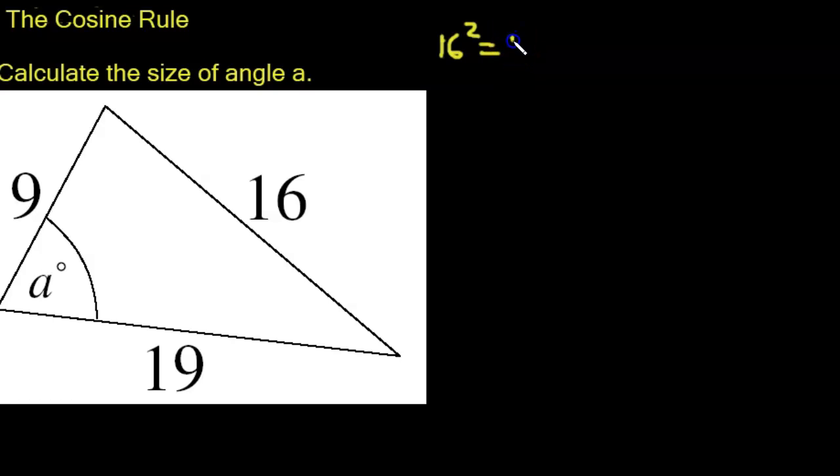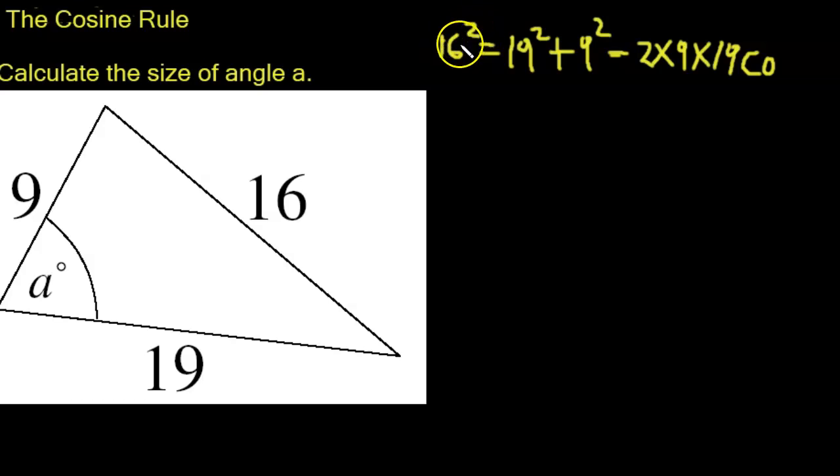So it's equal to 19 squared plus 9 squared minus 2 times the product of these very same numbers: 2 times 9 times 19 cos the angle formed by the 9 and the 19. Or you say cos the angle which is opposite to the side you first started with, which is A.